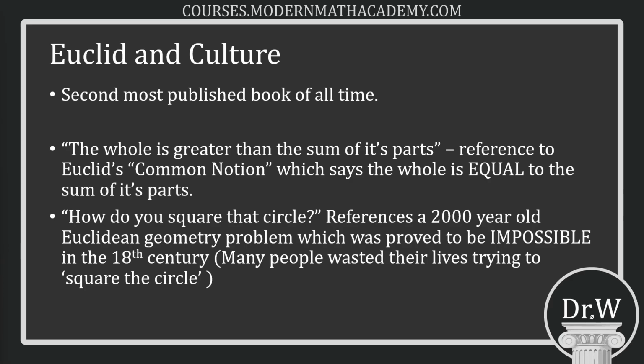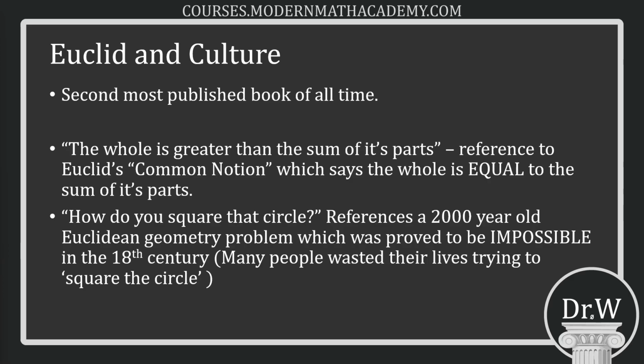Another very common phrase that you'll hear is, how do you square that circle? This references a Euclidean style problem, which is trying to construct a square that has the same amount of area as a fixed circle. It turns out that that's actually impossible, but no one knew that for 2,000 years.